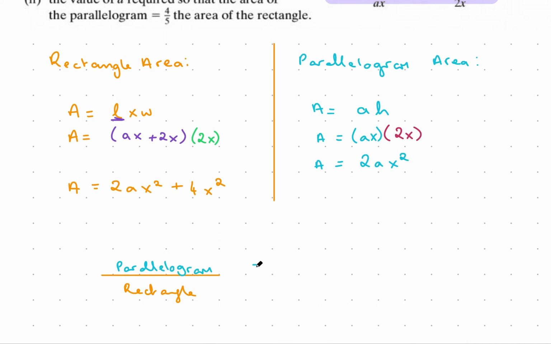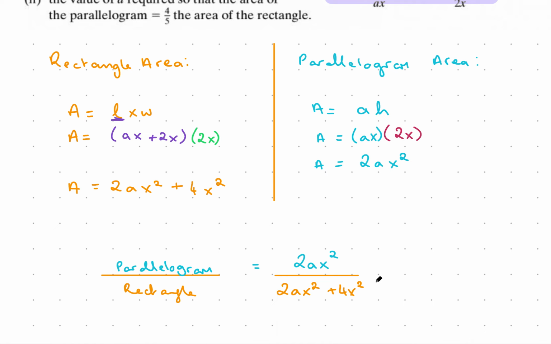So I'm putting the parallelogram's area all over the rectangle. Parallelogram was 2ax squared, rectangle 2ax squared plus 4x squared. So there we go: 2ax squared all over 2ax squared plus 4x squared.